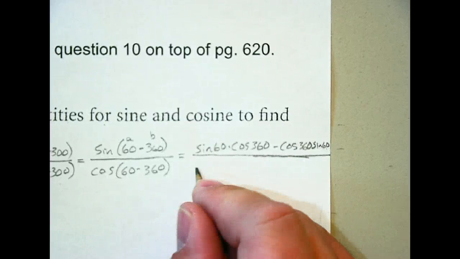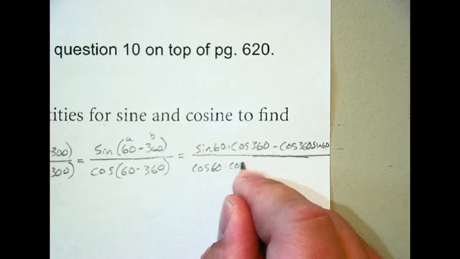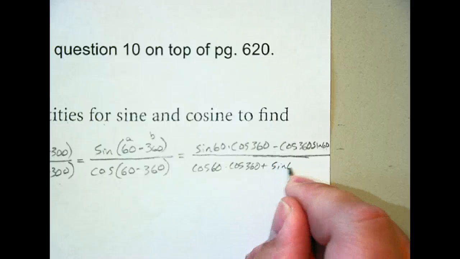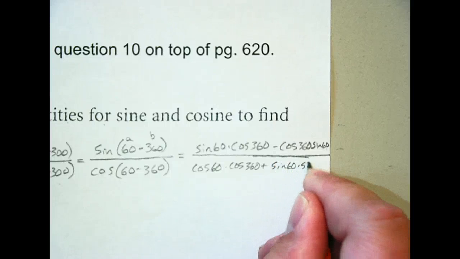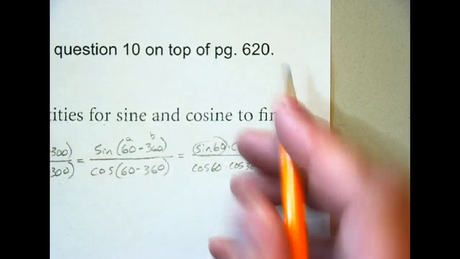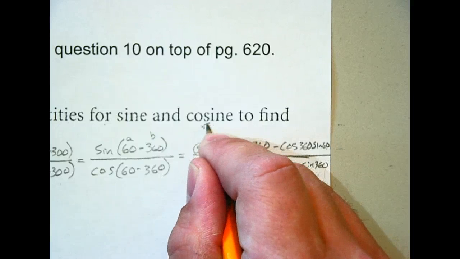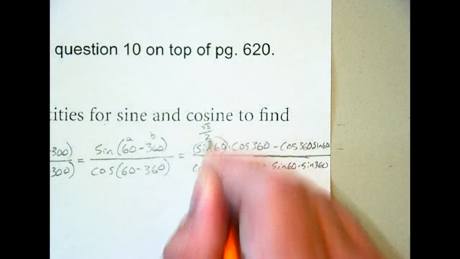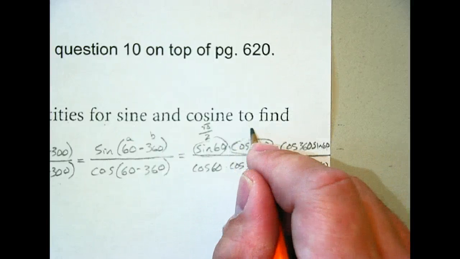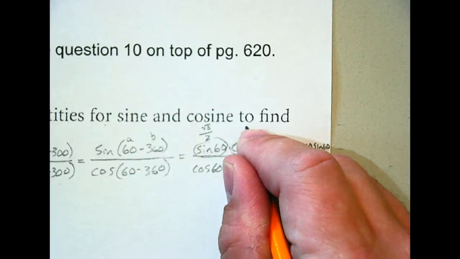If I do the cosine one, I get cos 60, cos 360, plus sine 60, sine 360. Sine of 60 is root 3 over 2. Cosine 360? 1.